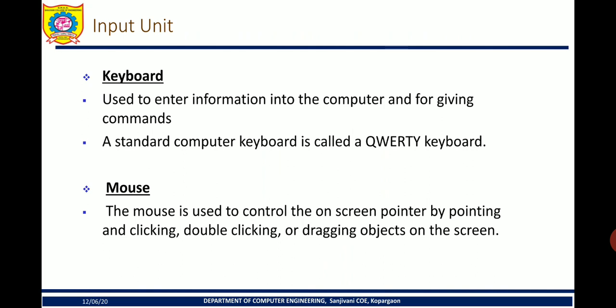Then the mouse is used to control the pointer on the screen by pointing, clicking, double clicking, and dragging objects on the screen, which makes a lot of things easier. But a good programmer has the habit of only using the keyboard. He will use all those special keys or command keys to operate the system.